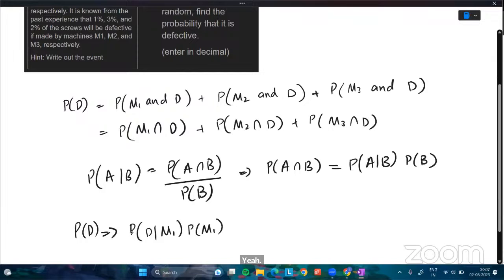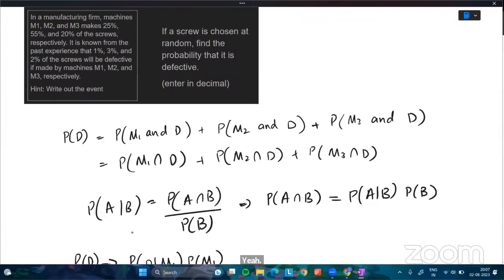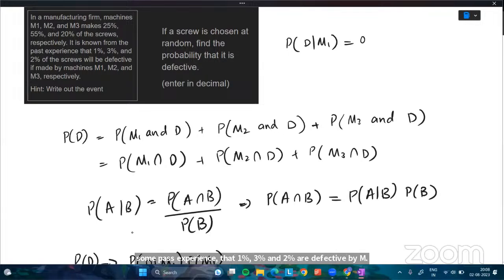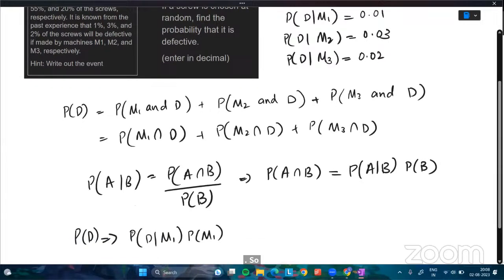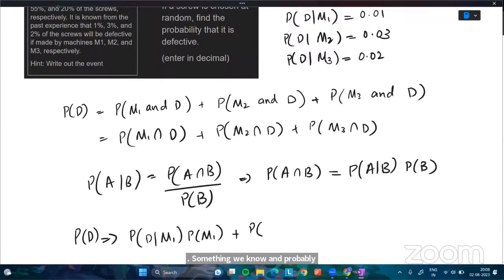When we say it's known from past experience that 1%, 3%, and 2% are defective by M1, M2, and M3, we're saying probability of defective given that it's M1 is 1%. Probability of D given M2 is 0.03. Similarly, probability of D given M3 is 0.02. This is something we know, and probability of M1 is also something we know. So we will just use this part.